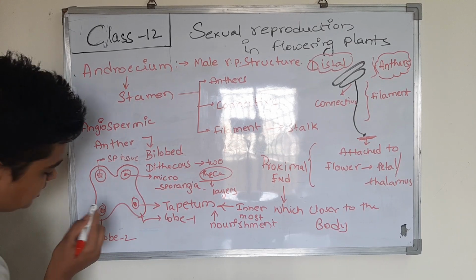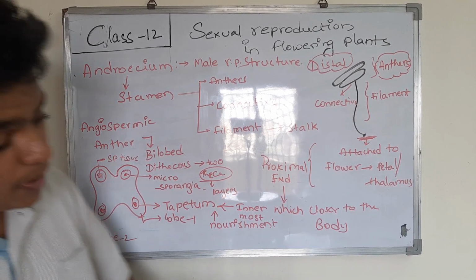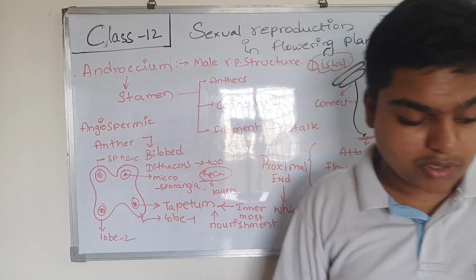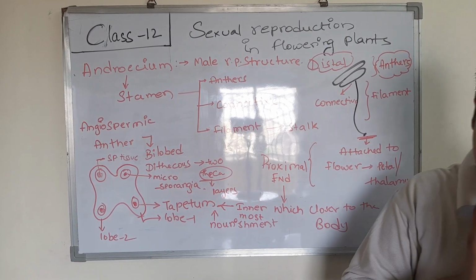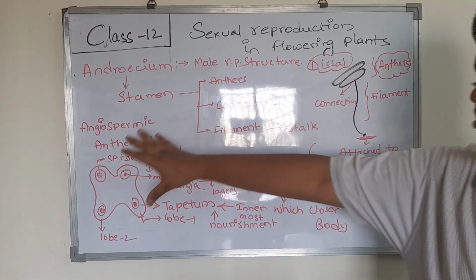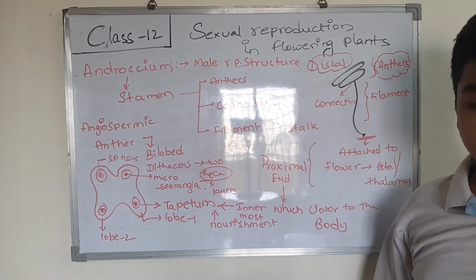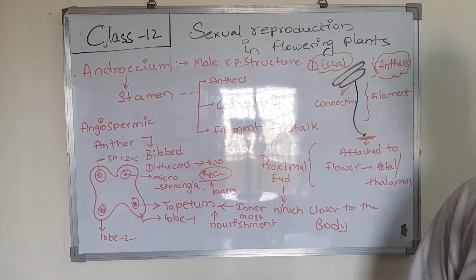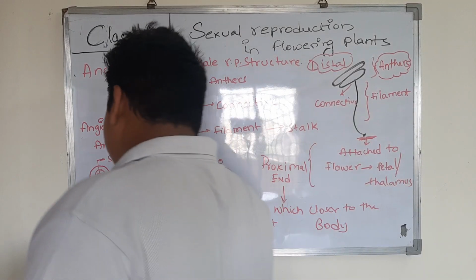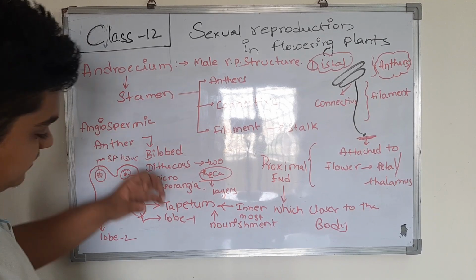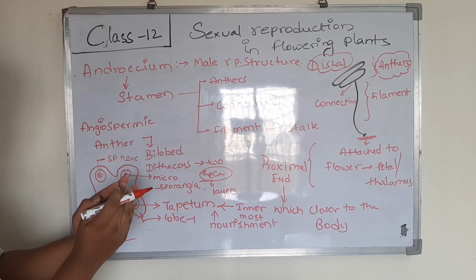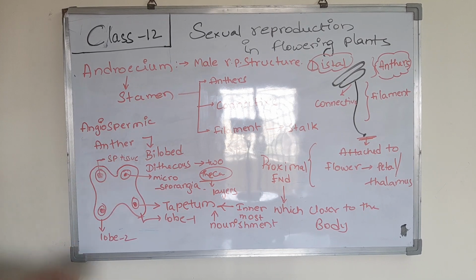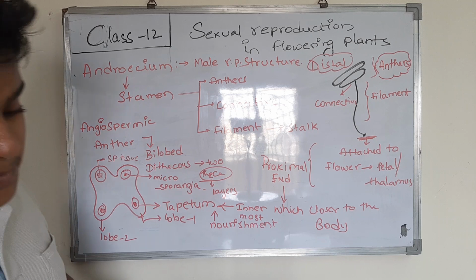Each microsporangia at the center contains a group of cells clustered together, called sporogenous tissue. Everything happens only here. These are homogeneous cells, not heterogeneous cells. They are similar cells which form a cluster in the middle of the microsporangia, called sporogenous tissue.